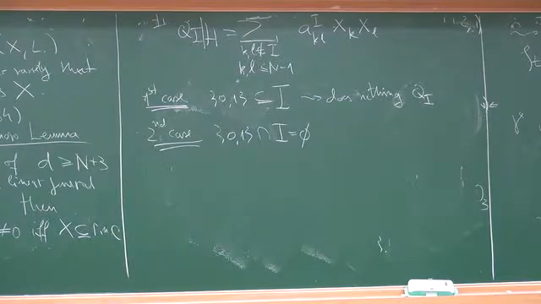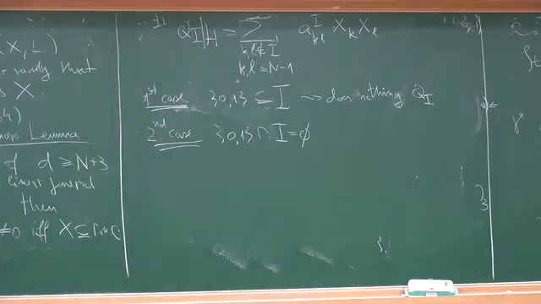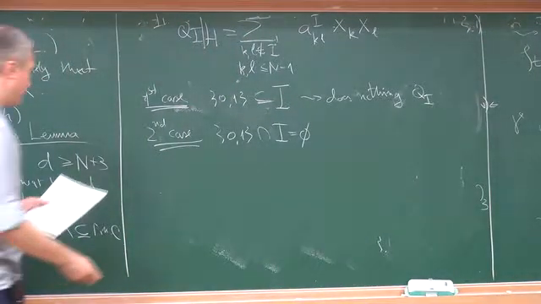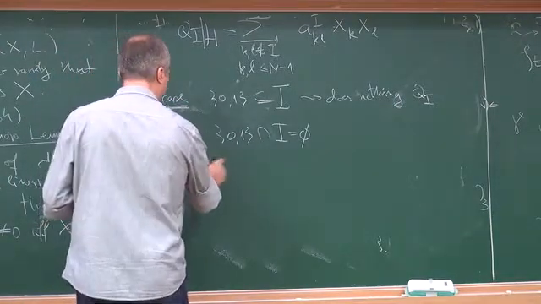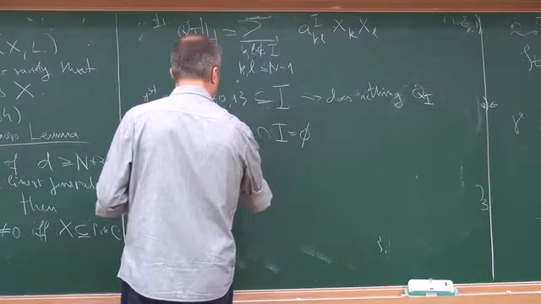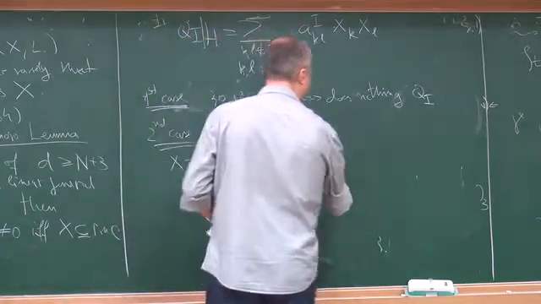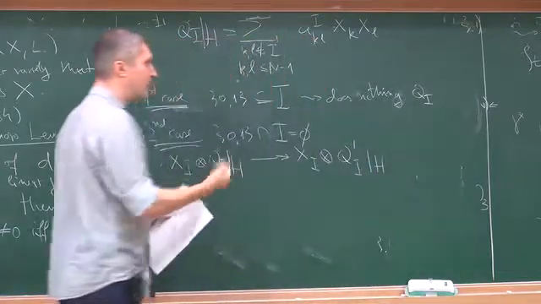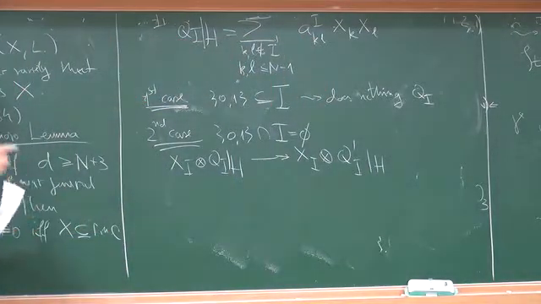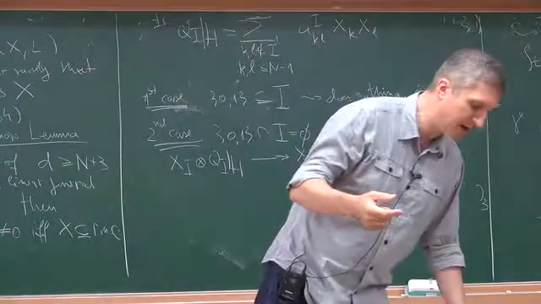So x0 and x1 appear in the formula of Q, and then x_I tensor Q_I restricted to H will be mapped to x_I tensor Q'_I restricted to H. And now let's remember what this permutation does to variables.